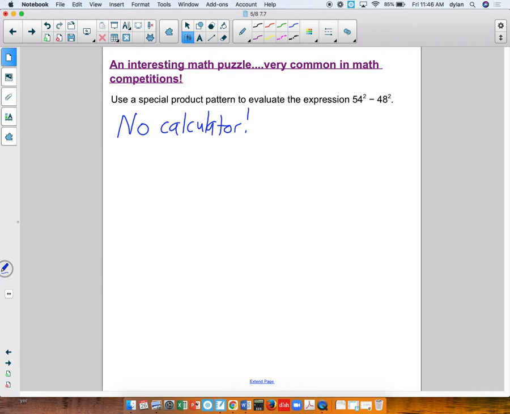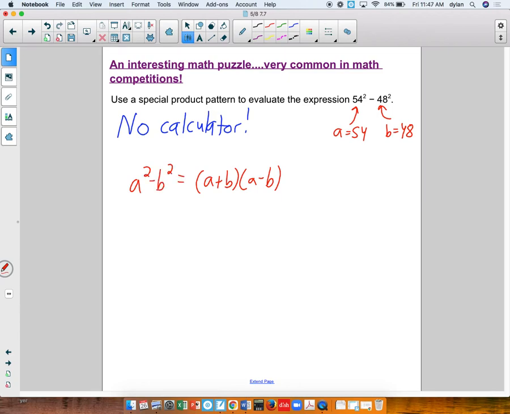Because if we have 54 squared minus 48 squared, then that just tells us that a equals 54 and b equals 48. So all we have to do is apply a plus b times a minus b, because we know that a squared minus b squared equals that expression.